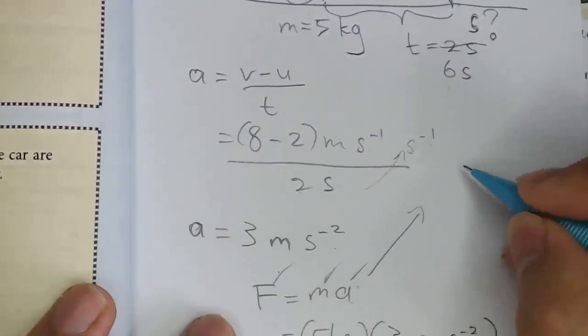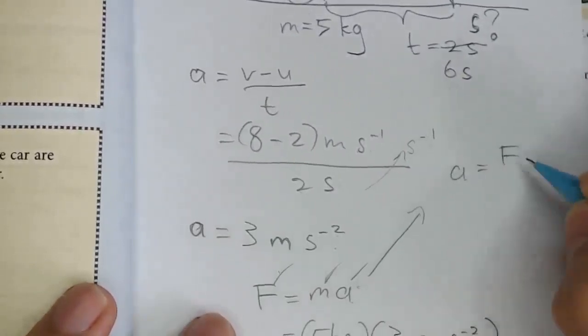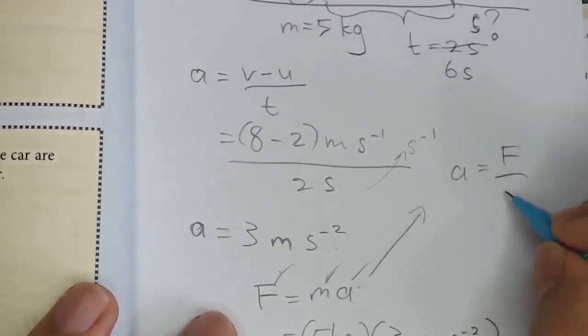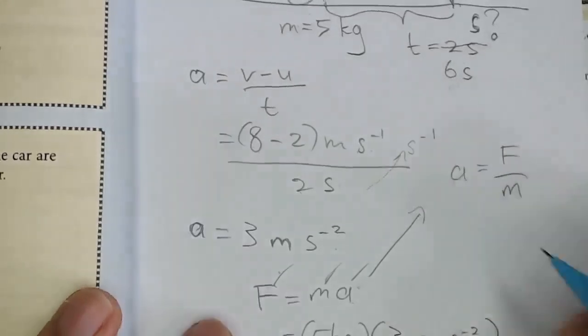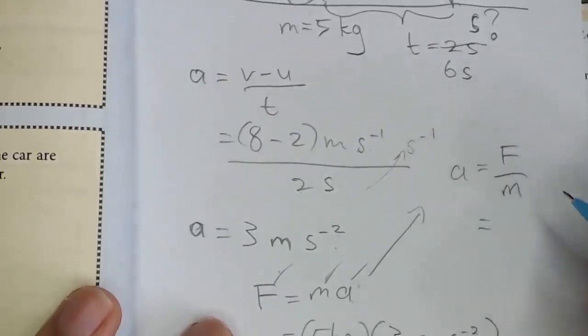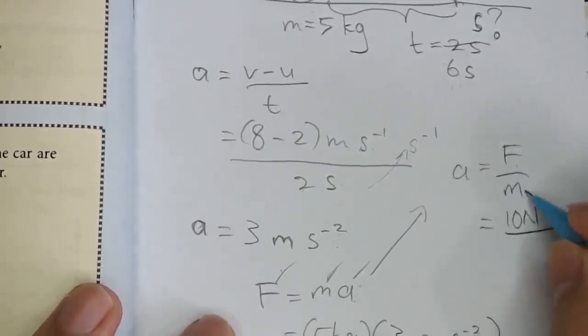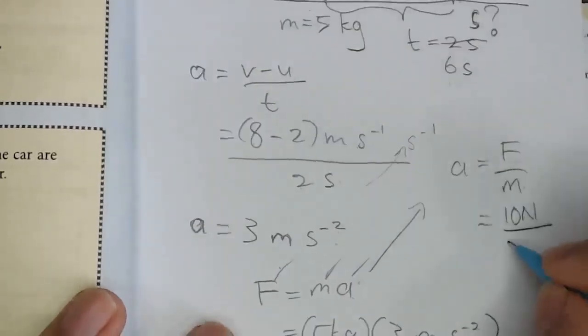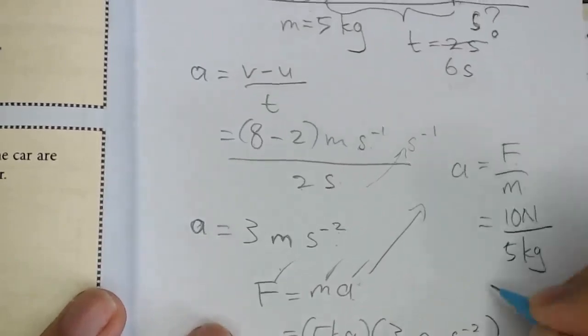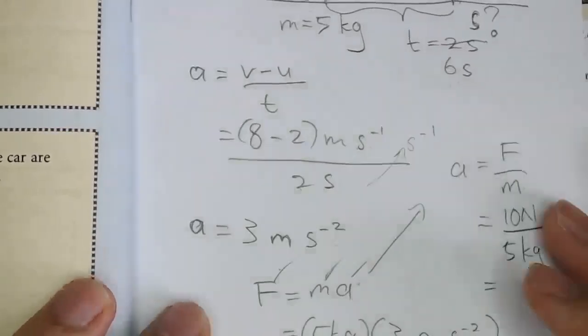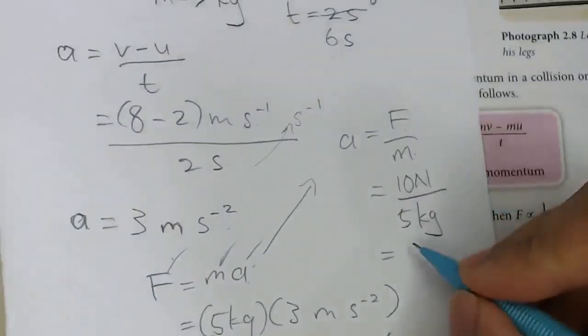So A equals F divided by M, correct? F we know is 10 Newton and M we know is 5 kilo. So press your calculator, you'll get 2.